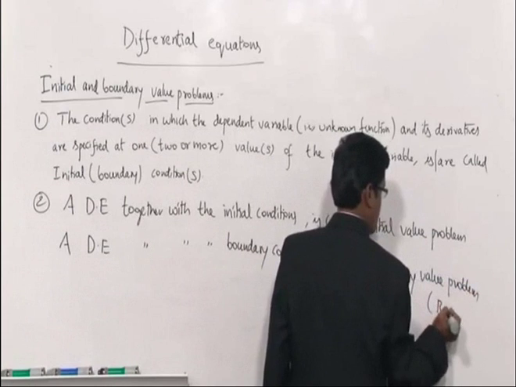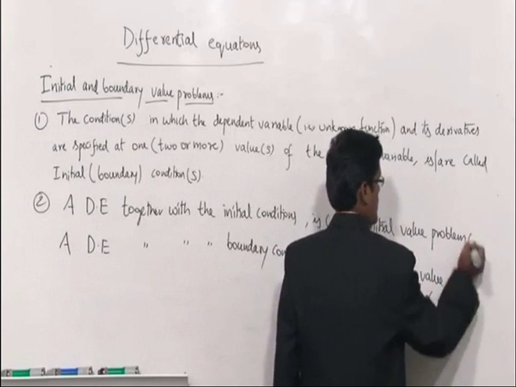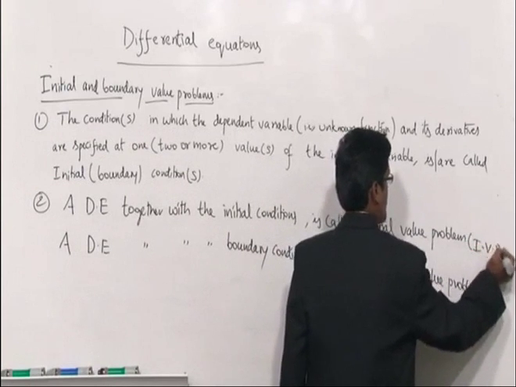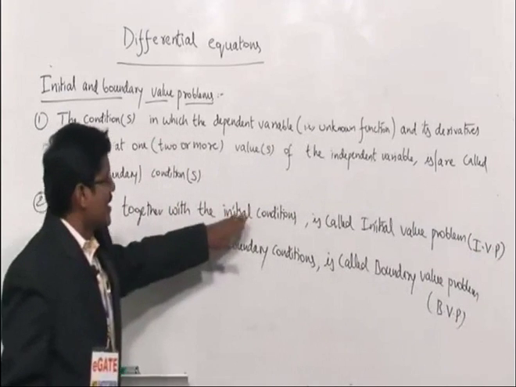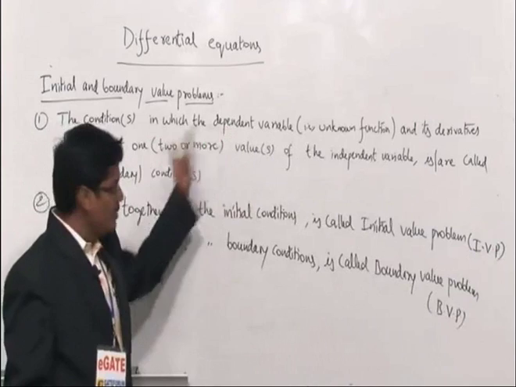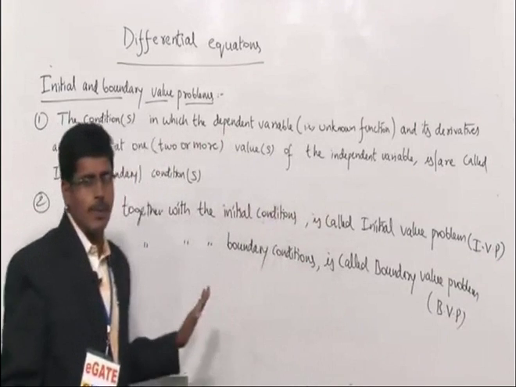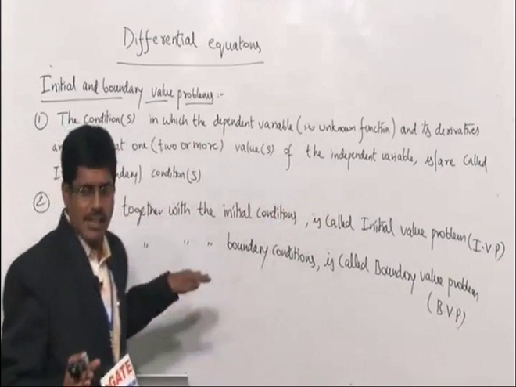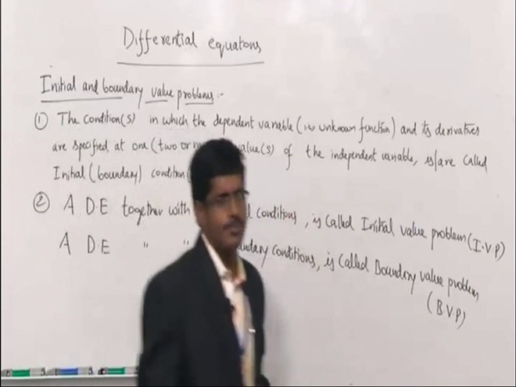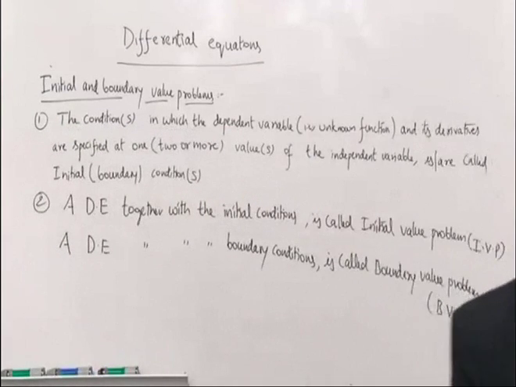Short form BVP, and here short form IVP. So whenever a differential equation comes with initial conditions, as I explained, that differential equation is called an initial value problem. Similarly, in a given equation, if the conditions are boundary conditions, that differential equation is called a boundary value problem. Nothing to explain in that.